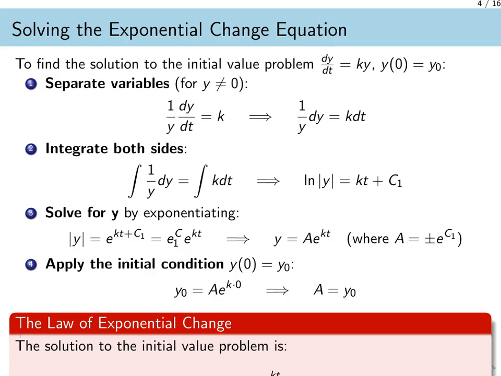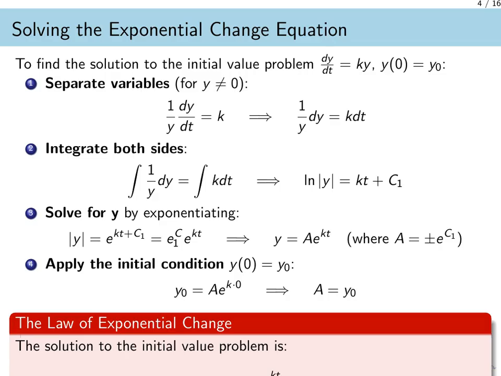Let us derive the solution to the exponential change equation, which gives us a powerful formula for modeling growth and decay. First, I rearrange the equation by separating the variables, grouping all terms involving y on one side and all terms involving t on the other.